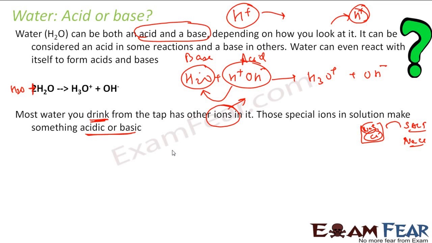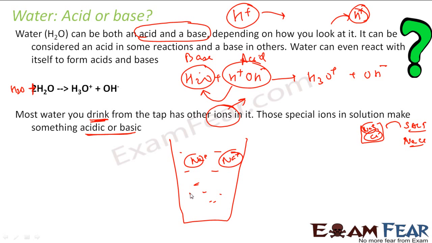So the same example I will take, this is my glass and there's some water in this, and I put NaCl, so this becomes Na+, lot of Na+, and lot of Cl- ions floating around. Right? So these are all the ions, and sometimes these ions also define whether it is acidic or basic, depending on the kind of ions you have put, right?